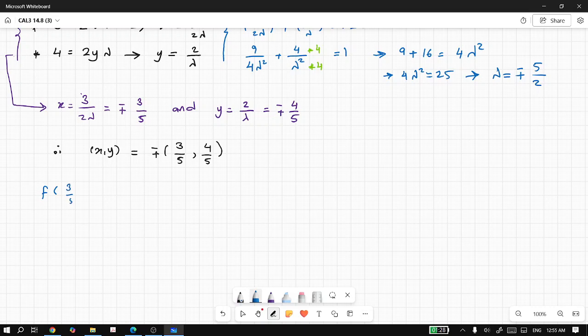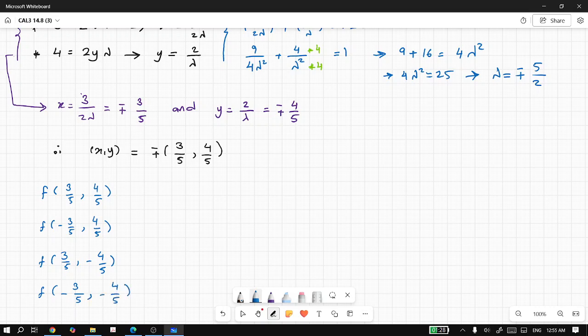F of 3 over 5 and 4 over 5. Okay. F of minus 3 over 5, 4 over 5. We also have to find f of 3 over 5, minus 4 over 5. We also have to find f of minus 3 over 5, minus 4 over 5.